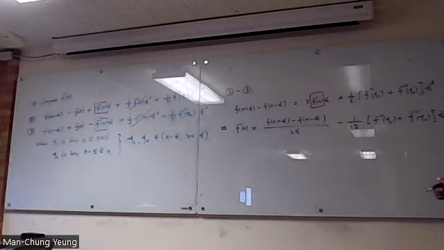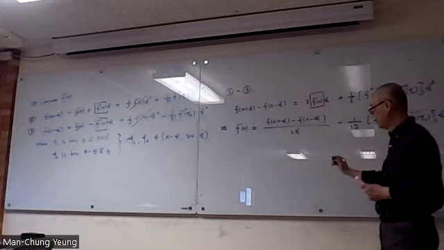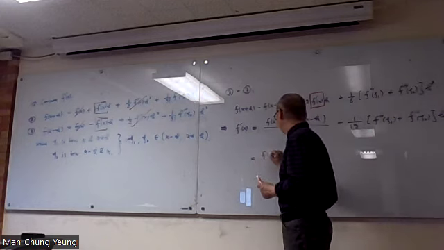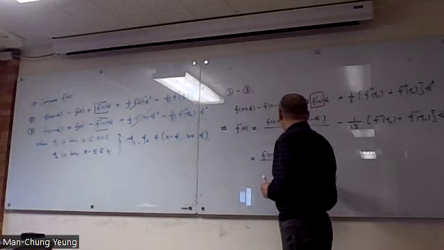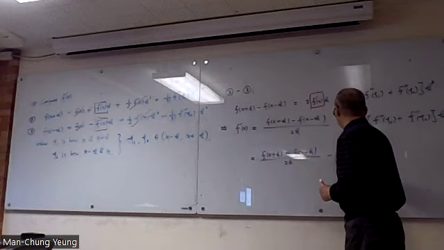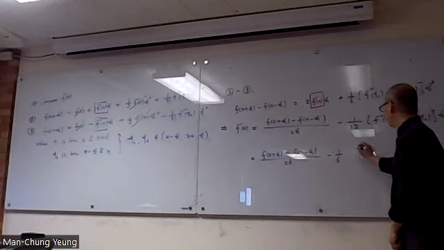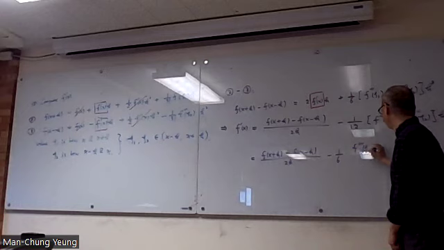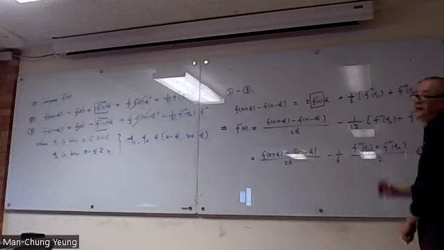Let me combine these two terms. I write this term as f of x plus h minus f of x minus h over 2h. Here, 1 over 6 times the third derivative at psi 1 plus the third derivative at psi 2, then over 2 times h squared.